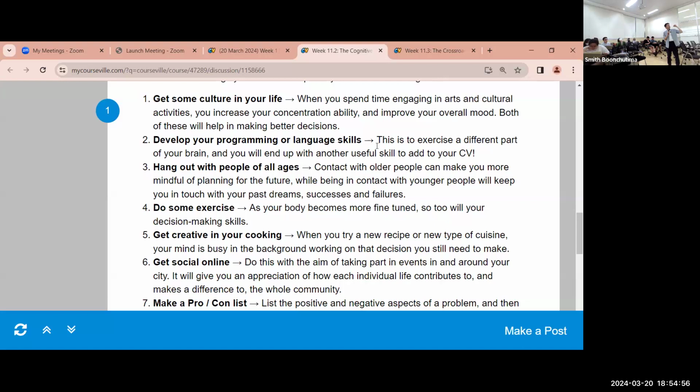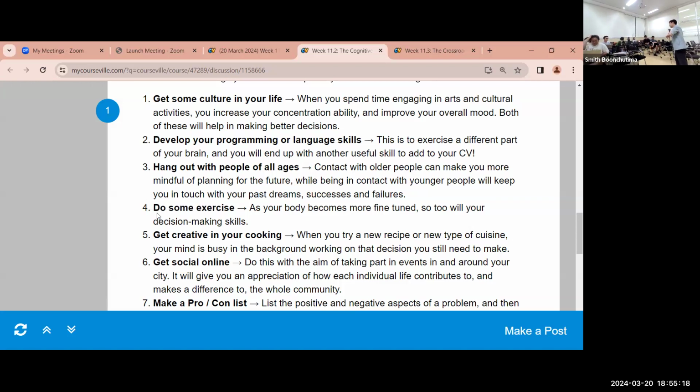Next, you have to hang out with people of all ages, because when you hang out with older people, you will know what you will encounter in the next few years, so that you can plan your life better.